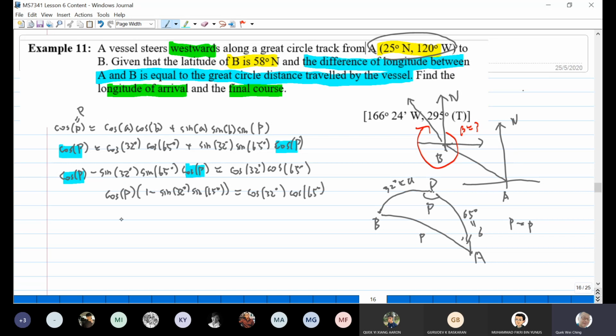So I can find cosine P now. Cosine P is equal to cosine 32 degrees cosine 65 degrees over 1 minus sine 32 degrees sine 65 degrees.